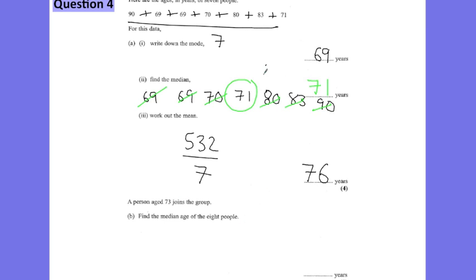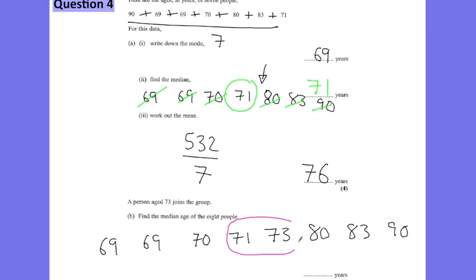So we write out our numbers again, 69, 69, 70, 71, the new person, 73, 80, 83, 90. We now have an even number of numbers. We have 8 numbers. So there are 2 numbers in the middle here, 3 this side, 3 this side. To find the median, we must add them up and divide by 2. Adding them up, dividing by 2, 72 years. This will be the new median.